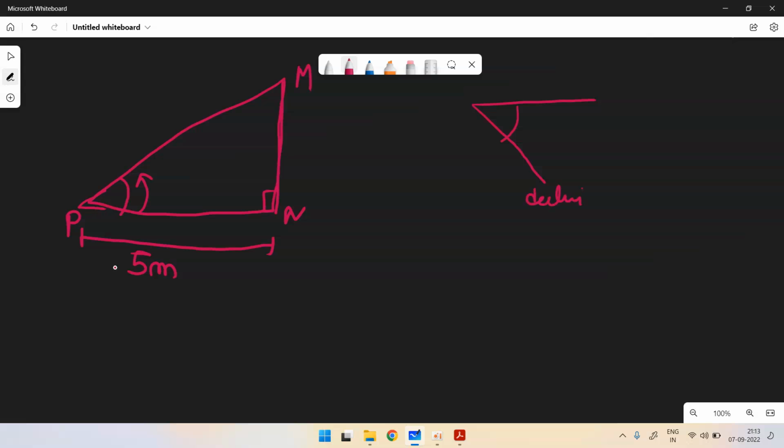So, if a point P lies in a horizontal plane where a pole, suppose the pole is MN, is erected on the ground vertically and point P is at a distance of 5 meters such that the angle of elevation, see, I am elevating my eye to see this pole, so it will be angle of elevation, and if I am lowering my eye to see an object, then it will be angle of depression.